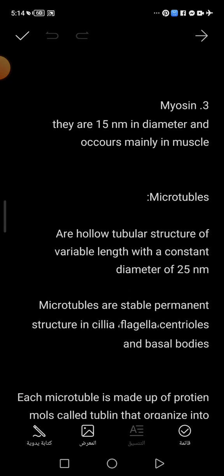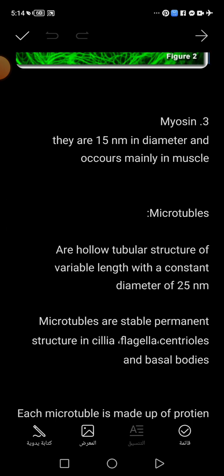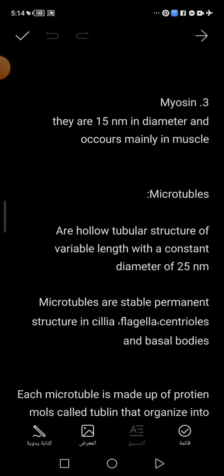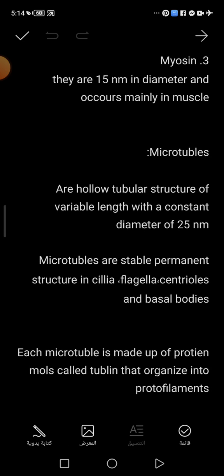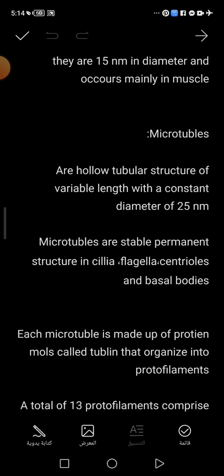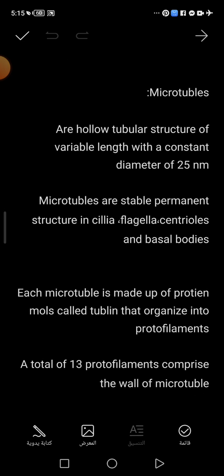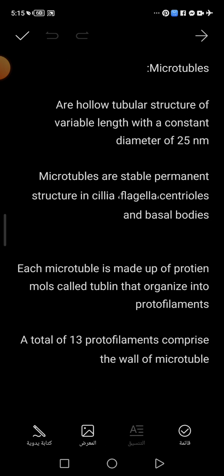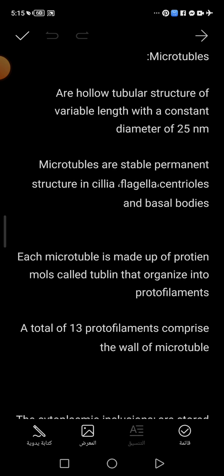Myosin filaments are 15 nanometers in diameter and occur mainly in muscle. Microtubules are hollow tubular structures of variable length. The length isn't specific, there are different lengths, but a constant diameter of 25 nanometers. Microtubules are stable permanent structures in cilia, flagella, centrioles, and basal bodies.